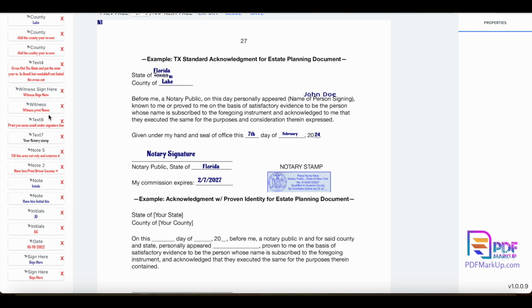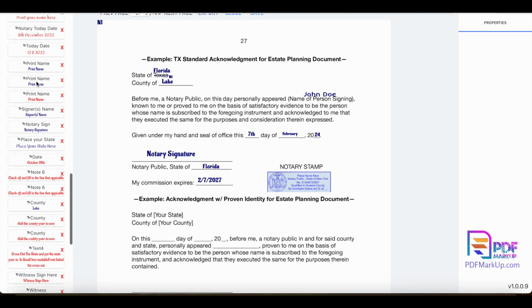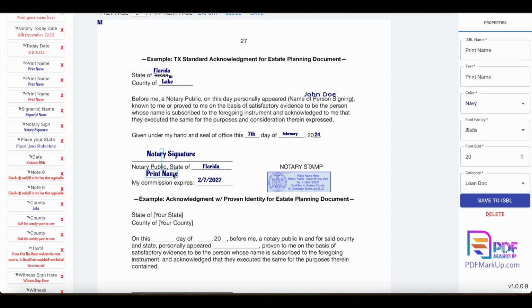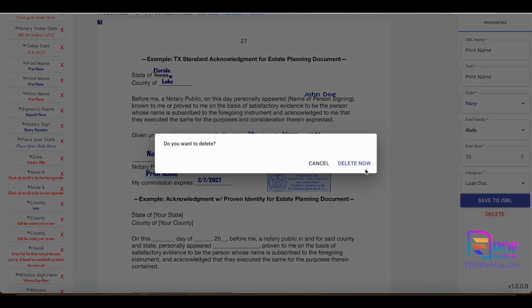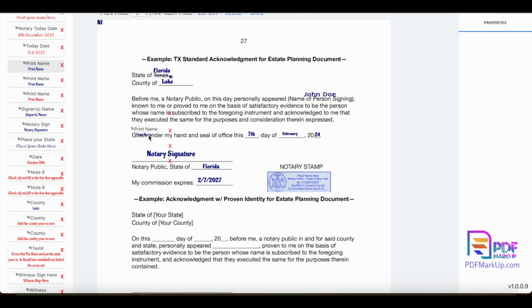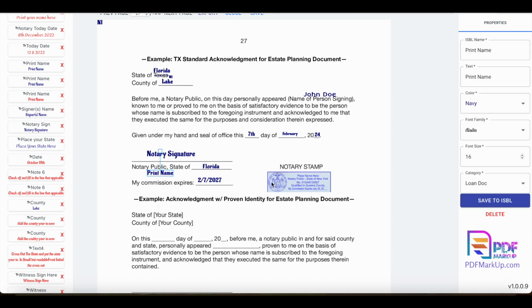Let's cross that out. Okay. So you want to print your name. Okay? Nice and small below, underneath here. I think that one's the bigger one. Let's get the smaller one. I think this is the smaller one. Yeah, print your name. Stamp. Okay?